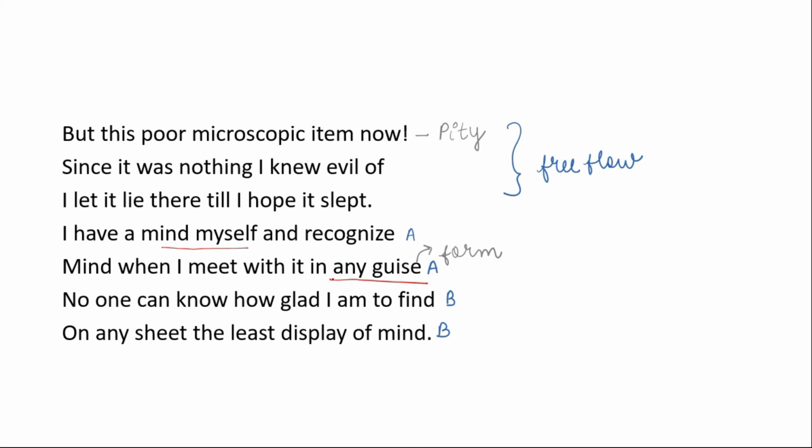He's able to recognize intelligence because he himself is intelligent and imaginative. And also, the poet expresses joy. He's saying how glad, how happy I am to find on any sheet the least display of mine. So this is the smallest exhibit of intelligence on any writing paper. So he's happy that he found the smallest display of intelligence.